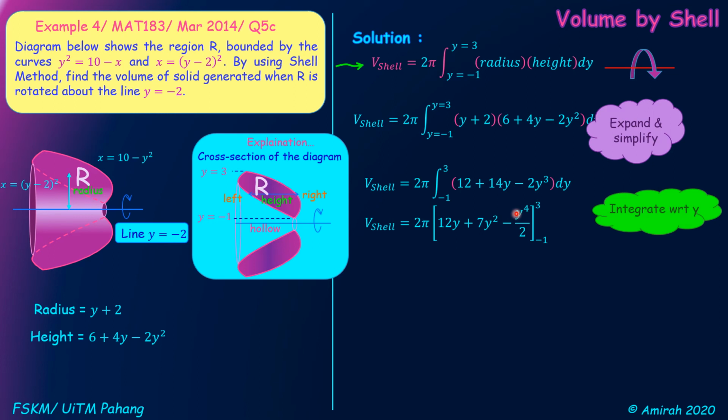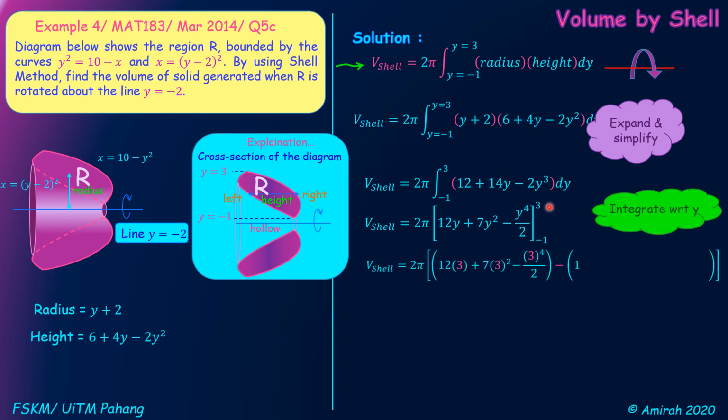The 2 can simplify with 14, so we get 7y squared. Then minus the constant 2 times the integral of y cubed, which gives y to the power of 4 over 4. The 4 and 2 simplify, so we get over 2 here.